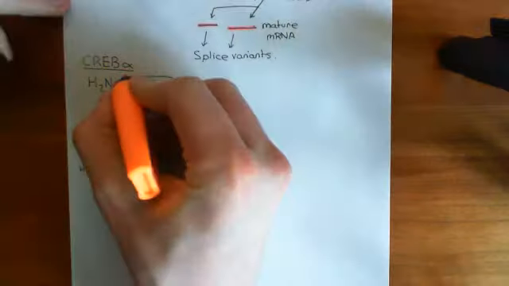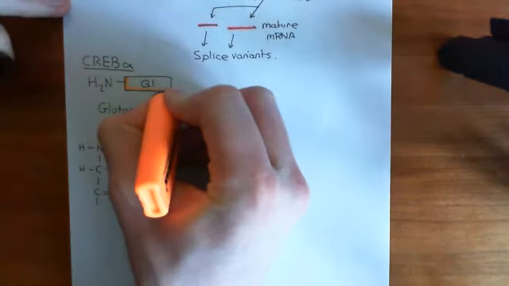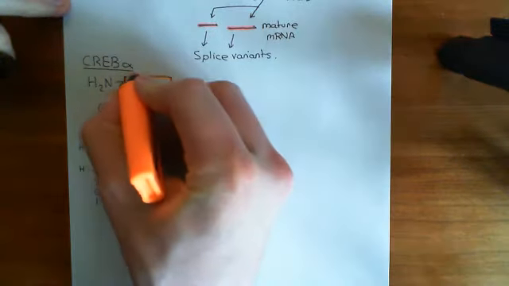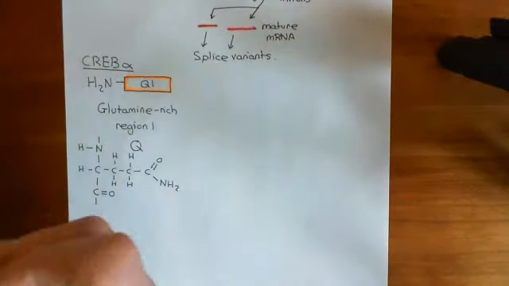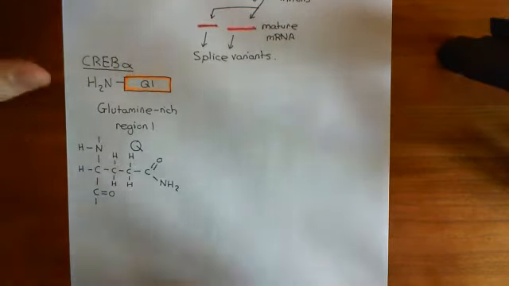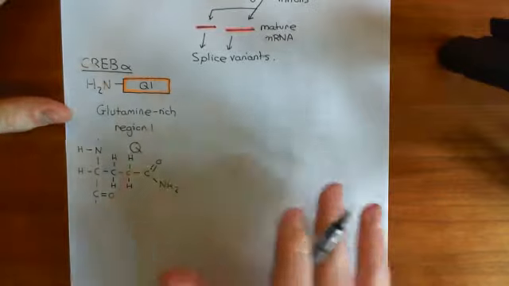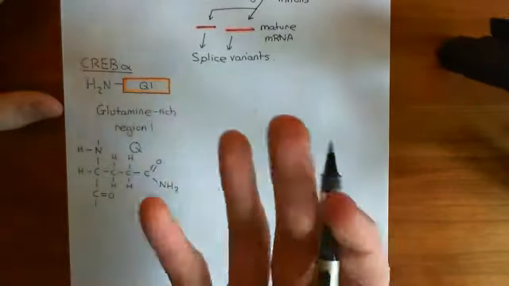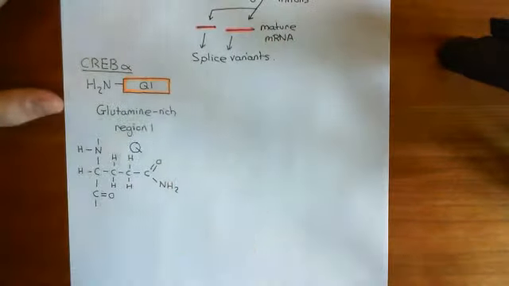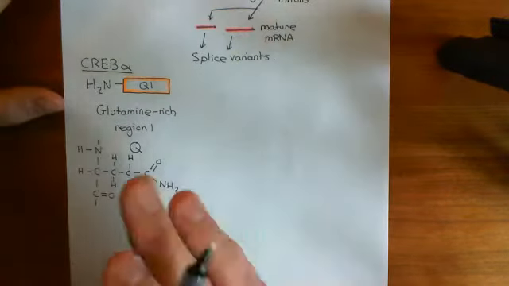Okay, so the significance of Q1 isn't totally understood, okay? So it's kind of just a filler region, but it does have these glutamines in. So at the moment we understand it just as a region, basically, which has a lot of glutamines in, but it's not one of the ones that is essential for the function.